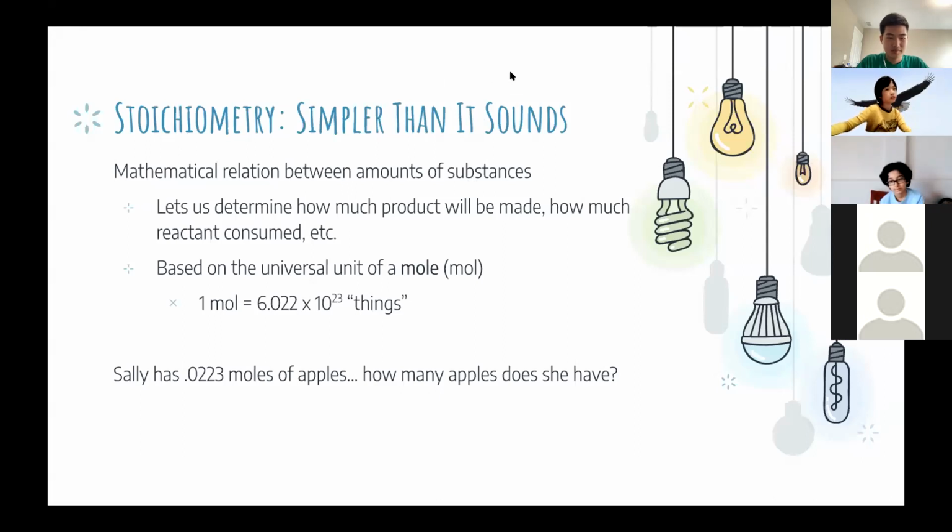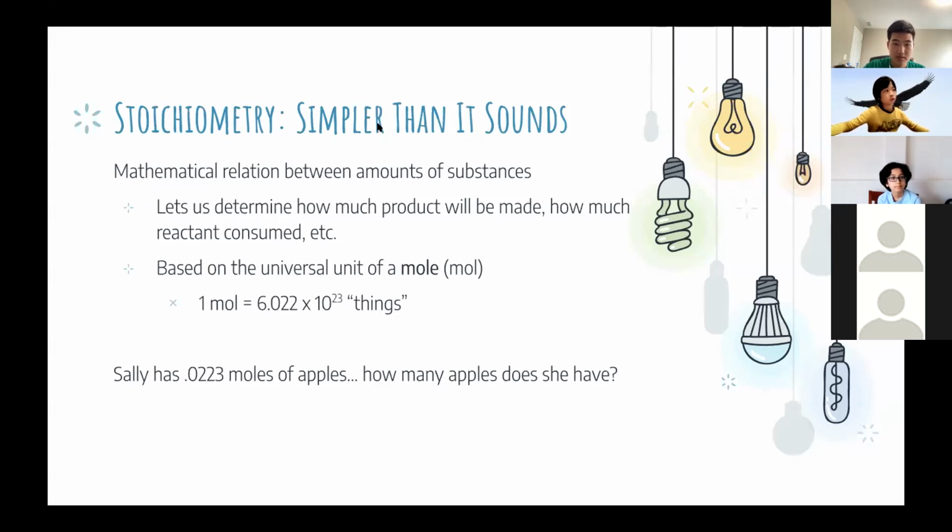What stoichiometry means is that you're just relating the amounts of substances. If I'm burning X amount of butane, like we were just talking about, and I have unlimited oxygen gas, how much water and how much carbon dioxide is going to be produced? That's what stoichiometry deals with.